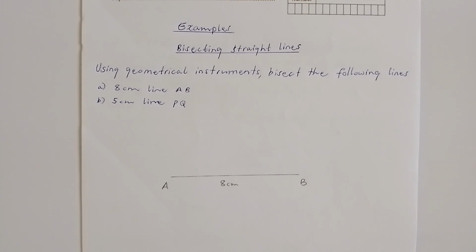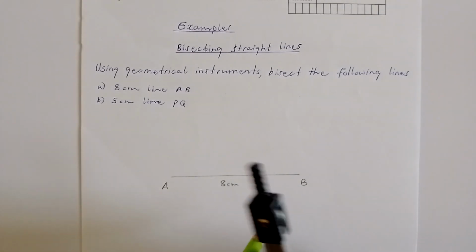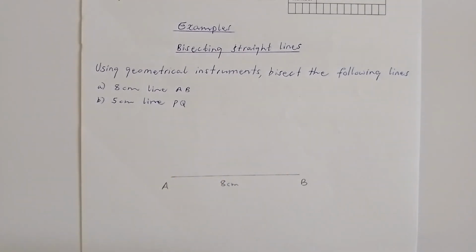Now, since we are told to bisect, we are going to cut this line into two equal parts. And when we cut, you must confirm half of 8 is 4 centimeters. We are going to even measure after doing our bisection. Okay, so to bisect, we'll need a sharp pencil like this one. We also need a compass.